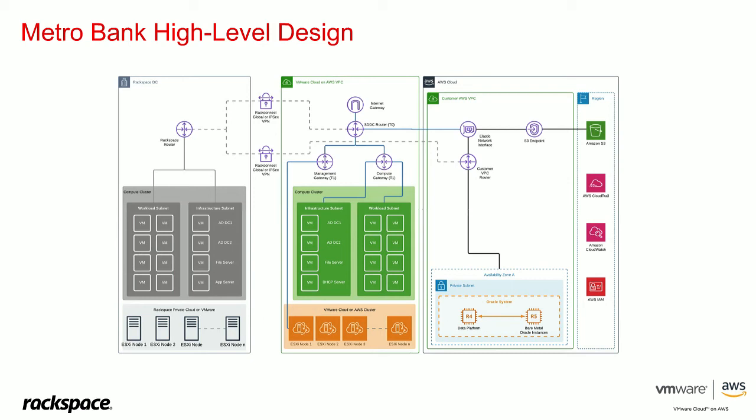Also, the data platform has a custom AMI that can be scaled up and down, and the storage can be dynamically changed. So that goes into the same availability zone on the AWS side, but the workloads accessing that environment are now sitting in the VMware Cloud on AWS environment. The environment shrinks and expands as required.